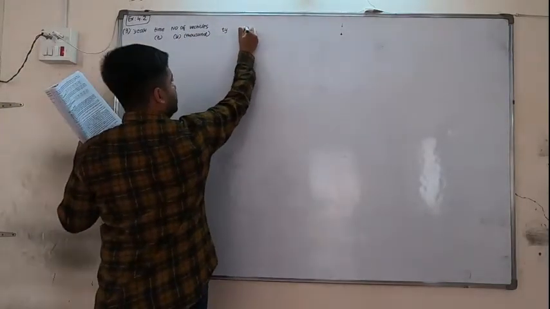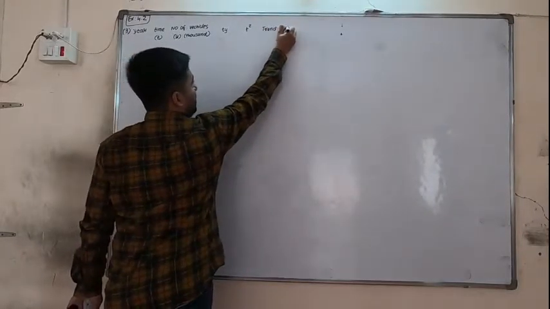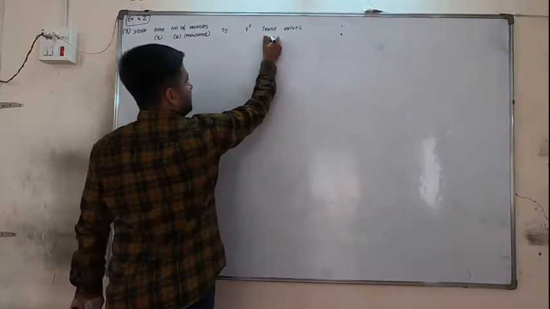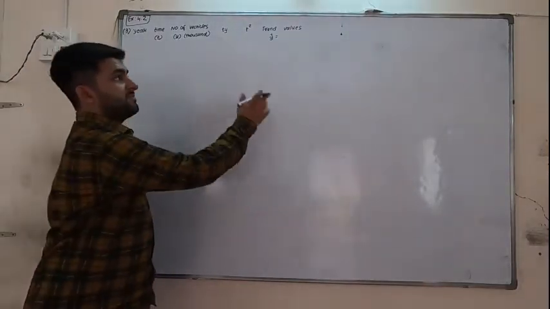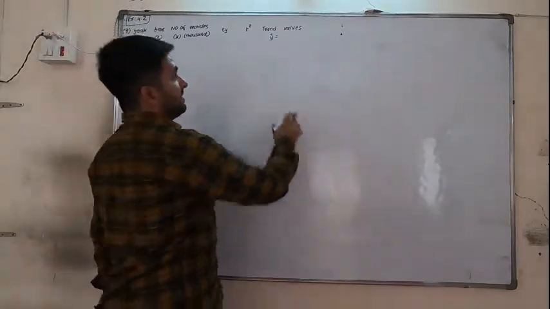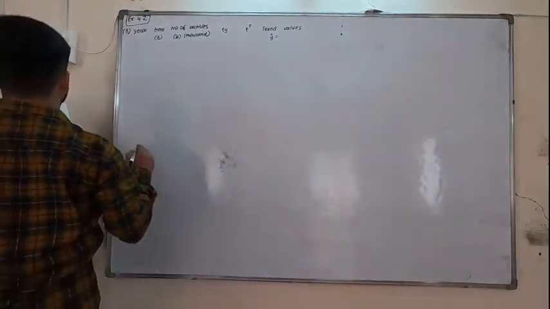Next column is ty, next column is t square, and the last extra column is for trend values. When we have to write the equation, what we obtain from step number 3, y cap is equal to... give more space for this. Yes, now we are writing the data.